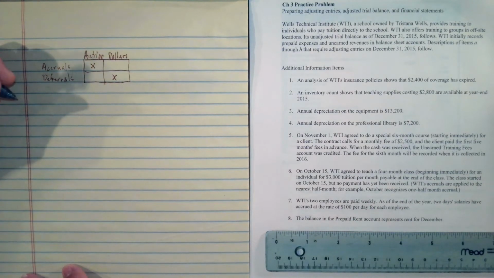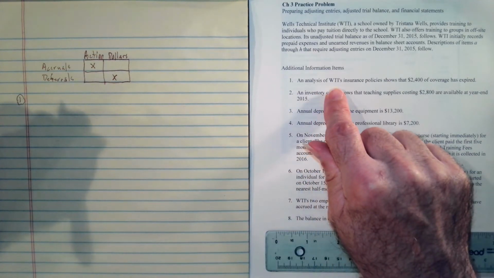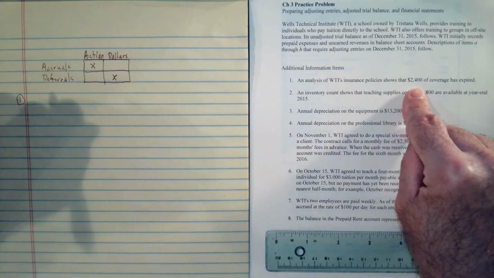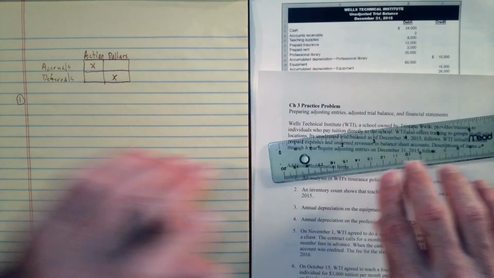So my first transaction: an analysis of WTI's insurance policy shows that $2,400 of coverage has expired. Now, if you take a look over here on the trial balance, what they mean by expired, check this out, folks.